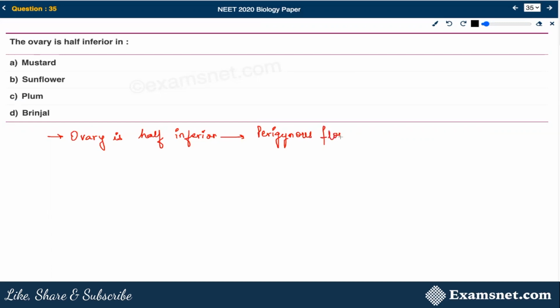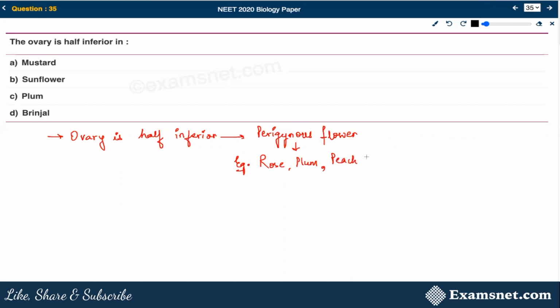Perigynous flower means where the ovary is in an equivalent position with the other whorls of the flower. All are equivalent in position. That means the stamen also, the petal also, the sepal also, and the ovary also. So it is talking about the perigynous flower, and the examples of perigynous flowers include rose, plum, peach.